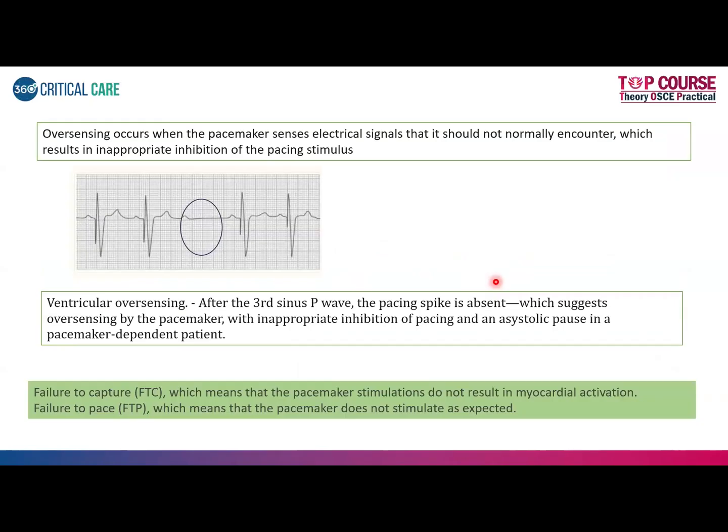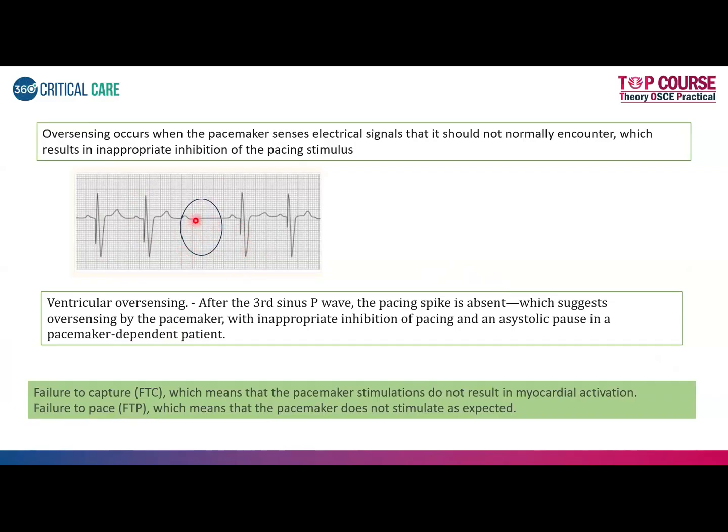Coming to oversensing. So oversensing, what happens is the pacemaker itself encounters some abnormal electrical signals, because of which it will not be able to give the proper pacer spikes, and thus the sensing will also not happen. So ventricular oversensing, example being here, what is happening is, after the third sinus, ideally there should have been a pace, and then the sensing should have happened, right?